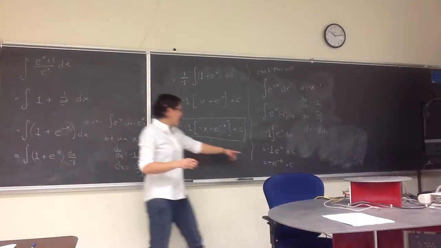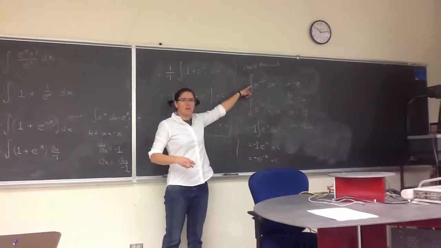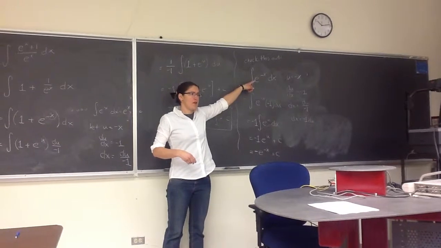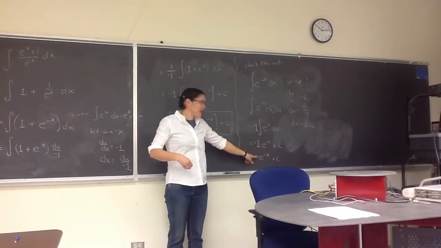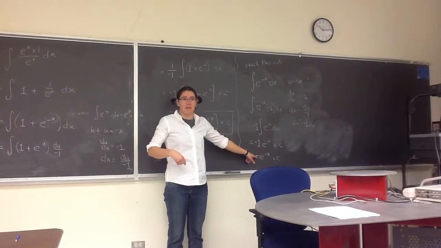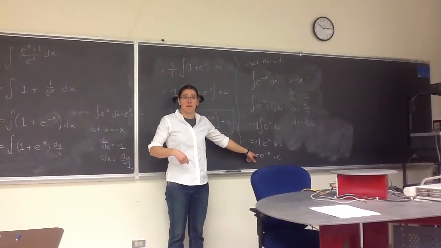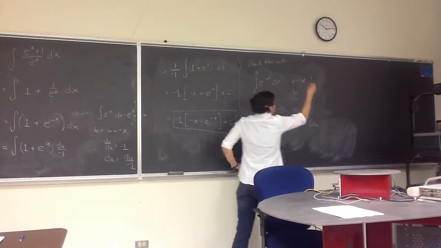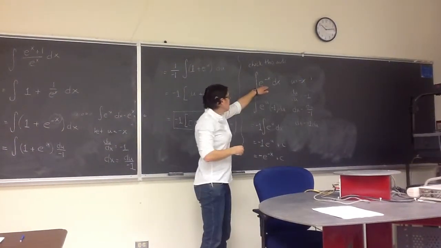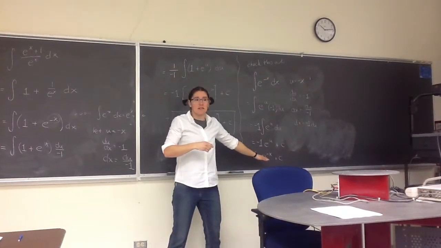So think about what just happened here. The only thing that really changed from the antiderivative of e to the x versus e to the negative x was that I had this extra constant multiplied out in the front. So the moral of this story is that my antiderivative of e to the negative x is negative e to the negative x.